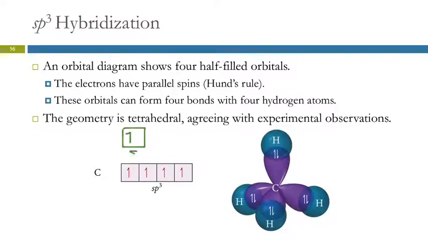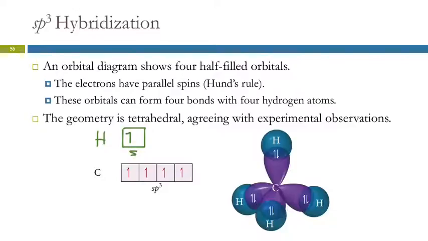Hydrogen has this s orbital that's half-filled. So 1 hydrogen overlaps with this hybrid orbital, another one with that, another one with this, another one with that. So those sp3 orbitals are arranged in a tetrahedral shape. They overlap with the hydrogens, and the resulting molecule has a tetrahedral shape.